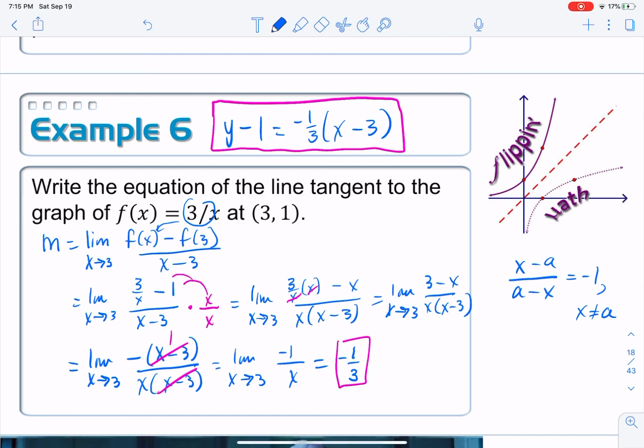Again, because I would have factored out a -1, just like in this example, and then the two factors would cancel. All right, that is absolutely the conclusion of the first objective, being able to use the limit definition to find the slope of a tangent line.